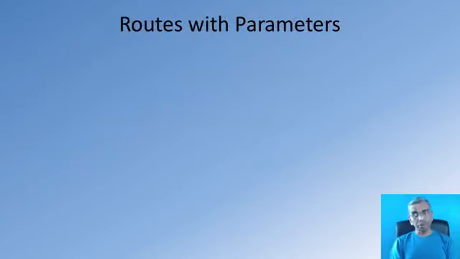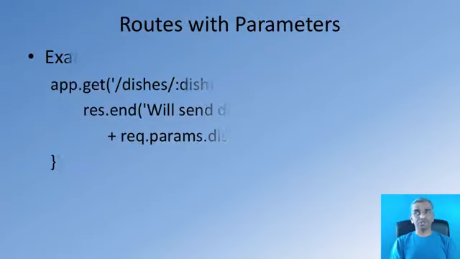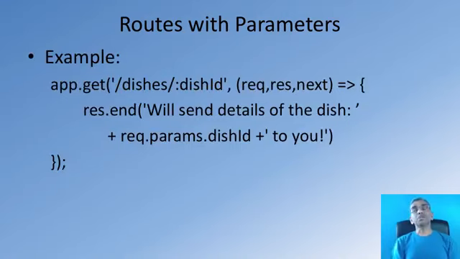Express also supports defining endpoints with parameters. For example, you can specify a specific dish ID if you wish to, and then let the operation be performed for that specific endpoint referring to the dish with a given dish ID.